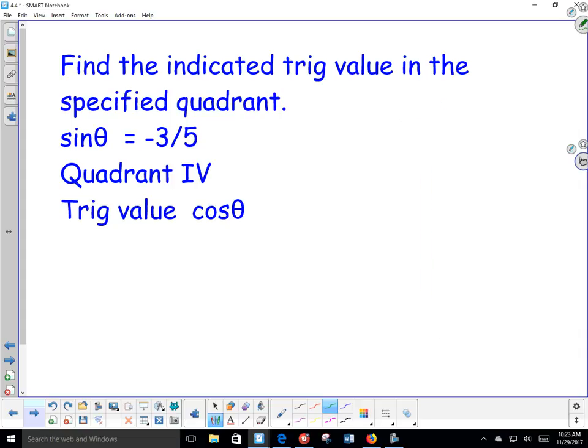Let's do this. We want to draw quadrant 4, so I got quadrant 4 here, and we want to draw this point somewhere in quadrant 4. We're going to go from the origin out to that point, wherever it is, and we're making a triangle. Do we go to the y-axis or up to the x-axis?